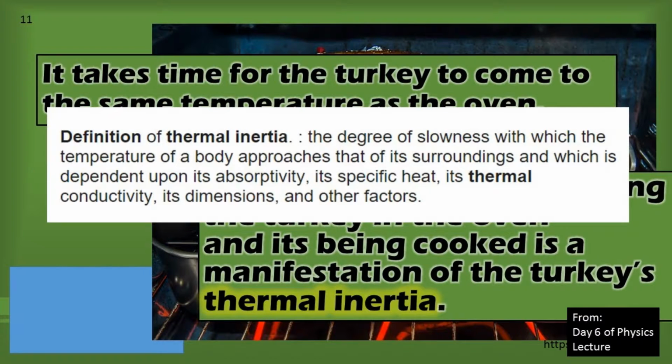But day 6, we went into and talked a little bit more jargon here. We had words on that day like thermal inertia, which is about how it takes time for the temperature to increase. Again, physics people hate the term thermal inertia. They'd rather know about the factors like the specific heat and the conductivity and so on. But thermal inertia is a good way to lump all that together.